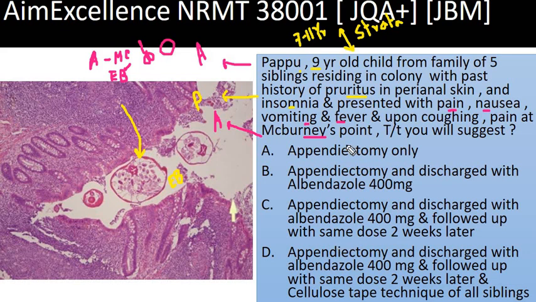We can leave this patient with the appendectomy only, or appendectomy with discharge with albendazole 400 mg, or repeat the dose 2 weeks later, or do a cellular step technique in all the siblings. Because this is a low socio-economic class family and only 40% of the cases are going to present with the classical presentation like in this case.